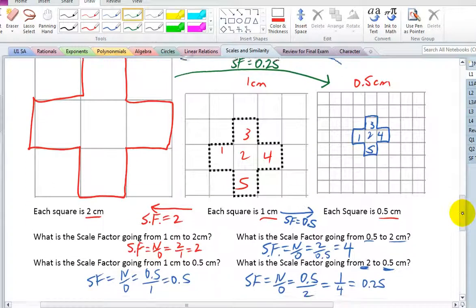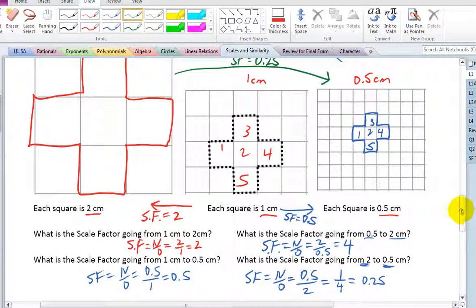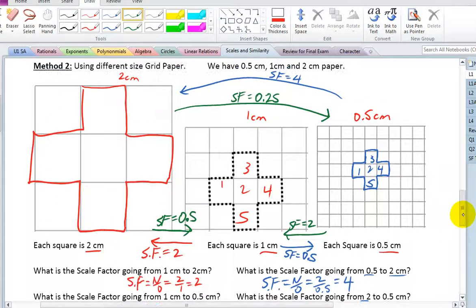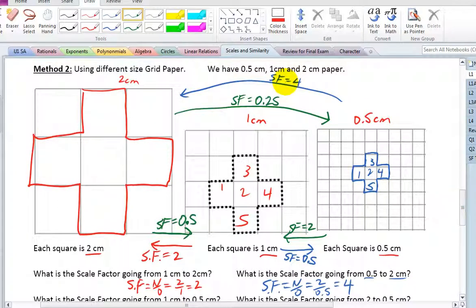Okay. Now going from here, your scale factor would equal 2. And going this other direction, your scale factor would equal 0.5, 1/2. So you can have 1, 2, 3, 4, 5, 6 different ways of drawing it.